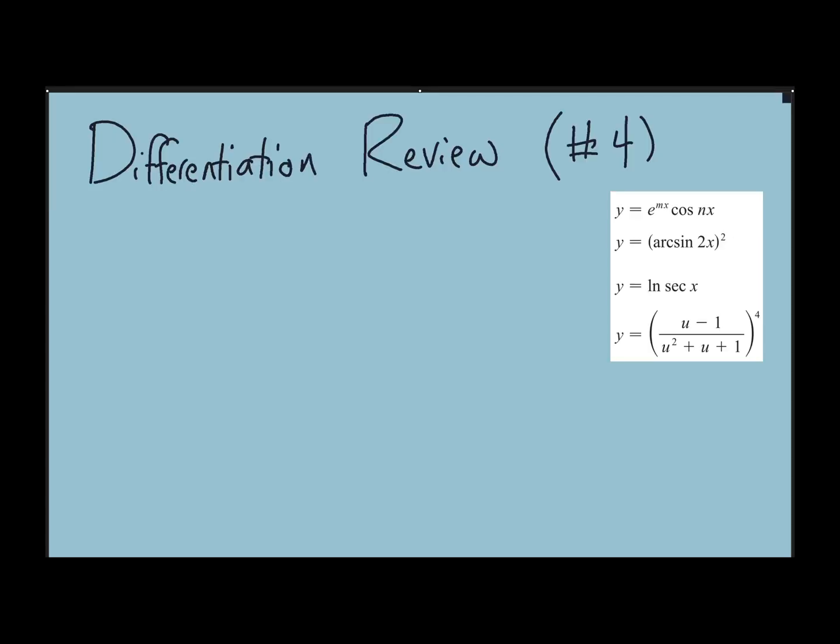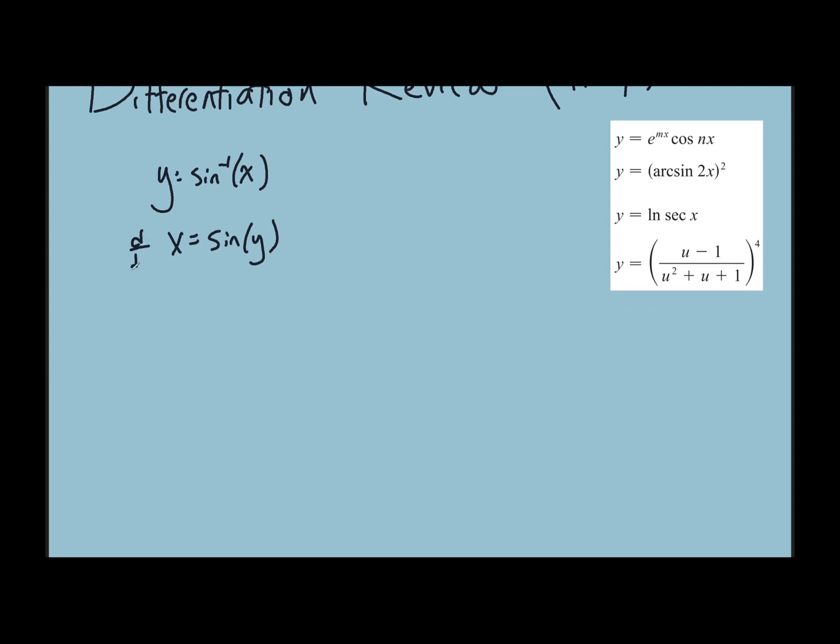Well, if I was to write y equals the arcsine of x, that's the same as saying x equals the sine of y. That's the first step. And now we want to take the derivative of everything with respect to x. So you get 1 equals cosine of y, and then chain rule dy dx. So dy dx is going to equal 1 over cosine of y.